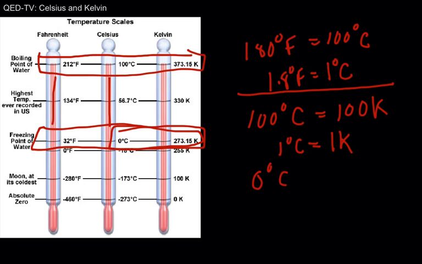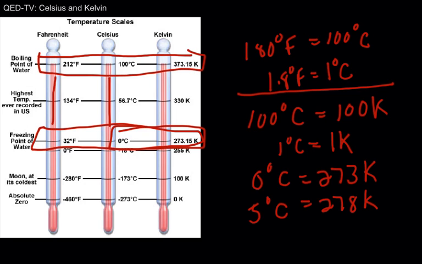So if I go up to 5 degrees Celsius, what would that temperature be on the Kelvin scale? Well, it's very easy. It would be 5 kelvins above 273, so it would be 278 Kelvin.